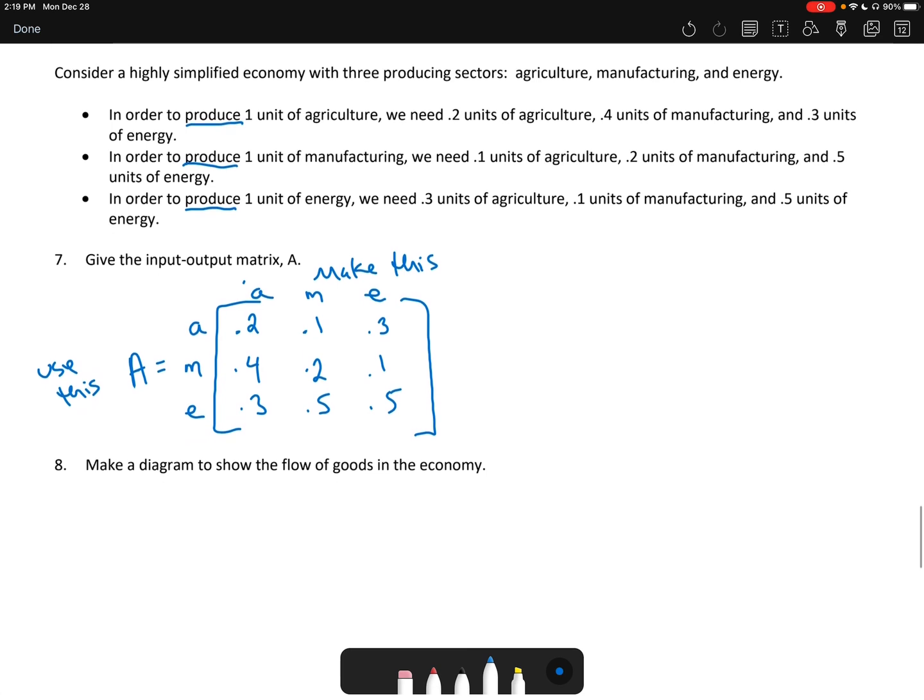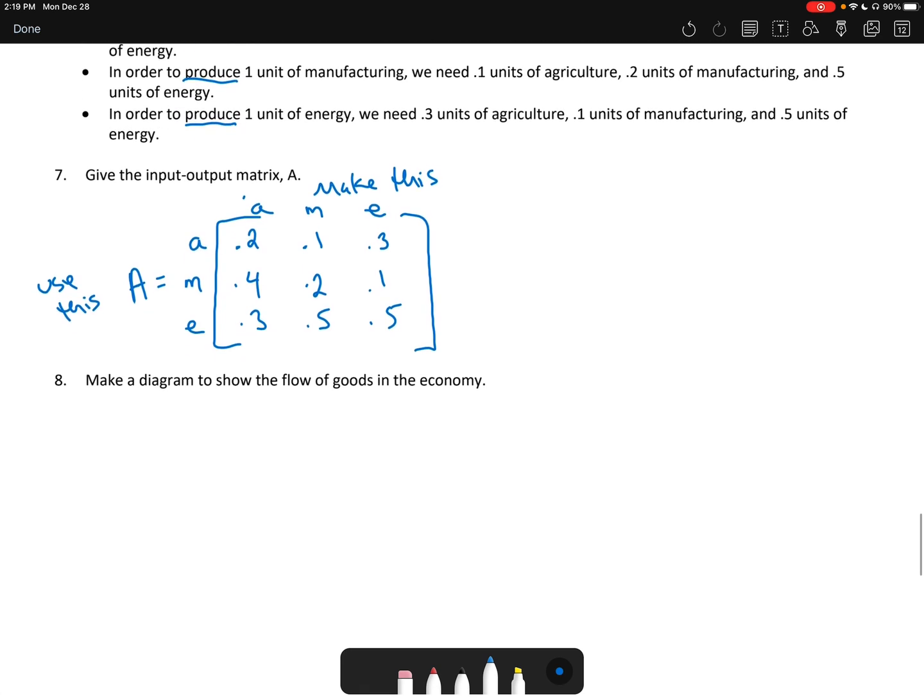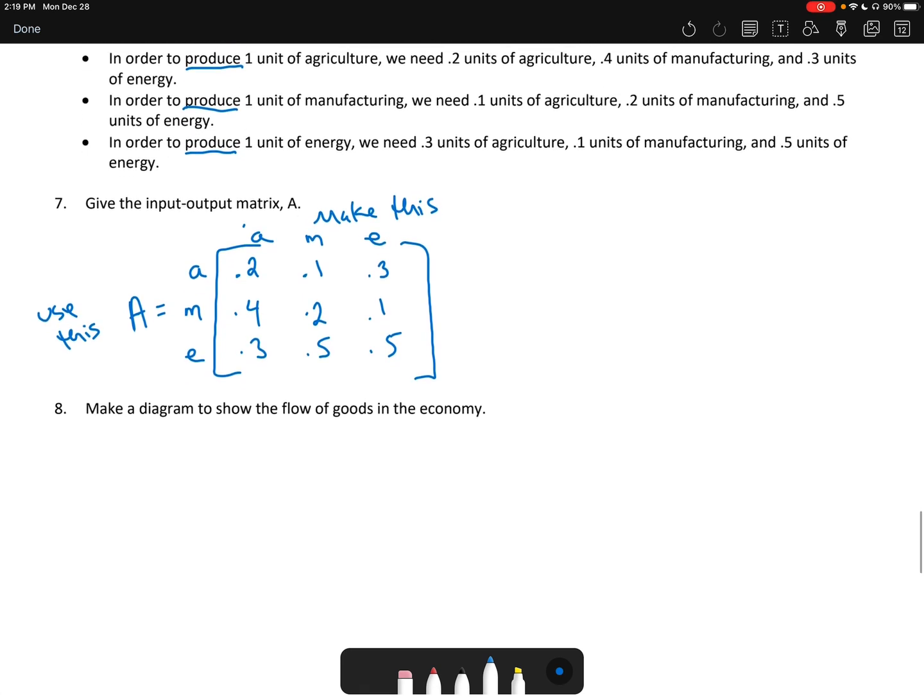If we want to draw a diagram to show the flow of goods, I'm going to squeeze this in here a little bit. We're going to need sectors A, M, and E. And remember, whenever the arrow is going to that sector, that's when we use that variable.